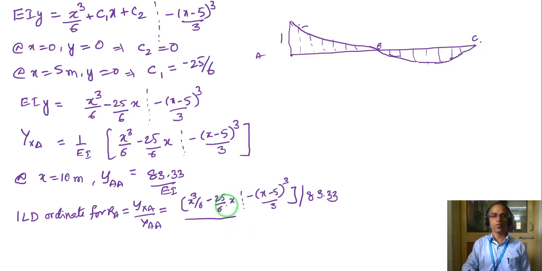When x is equal to 5, this will be 0 and this also will be 0, so here 0. At x equal to 10, I take both terms and get an ordinate of 1. So this is the ILD for RA in a continuous beam.